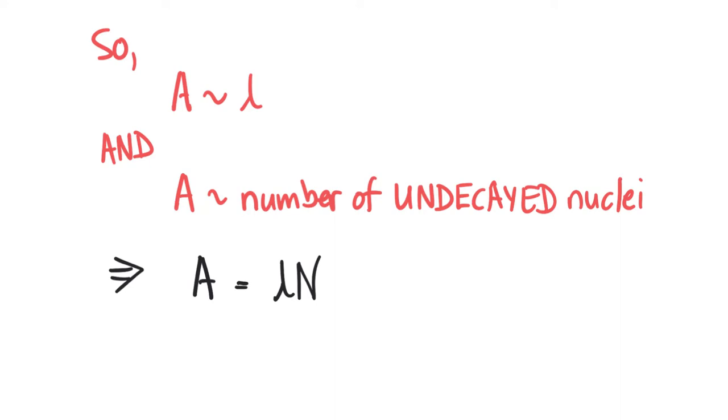So taking the dependency of the activity on these two parameters, the decay constant and the number of undecayed nuclei, we get that the activity is equal to lambda multiplied by N. Note, lambda is the decay constant, the probability of a nucleus decaying per unit time interval, multiplied by the number of undecayed nuclei.